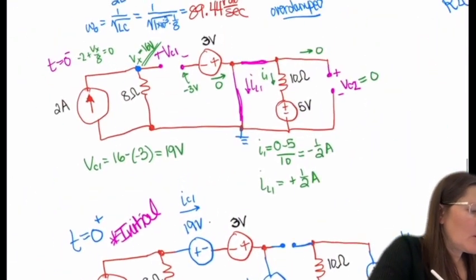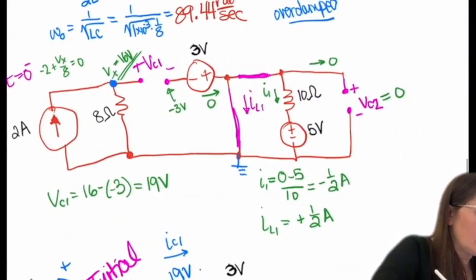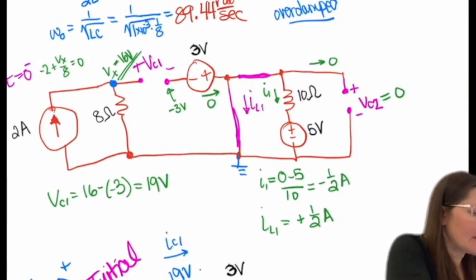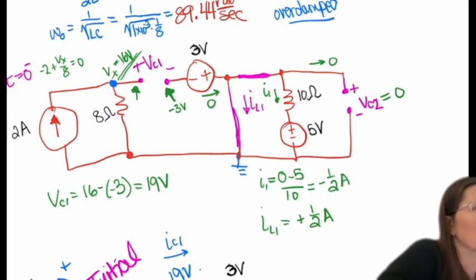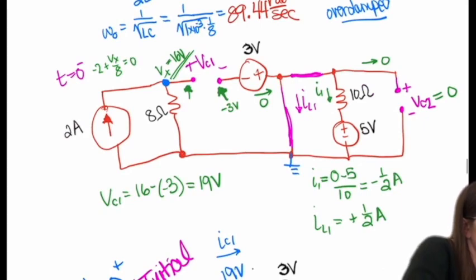So VC1 is going to be the voltage on this side minus the voltage on that side. For the voltage on the left, you can use node voltage, so you get minus 2 coming in, plus Vx over 8, and that solves to give Vx is 16 volts.